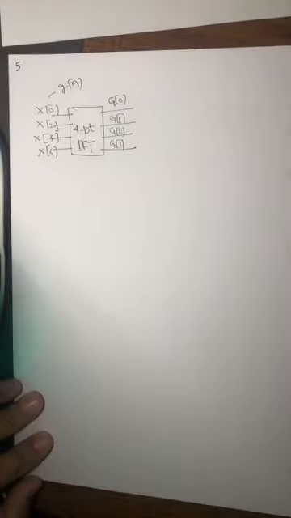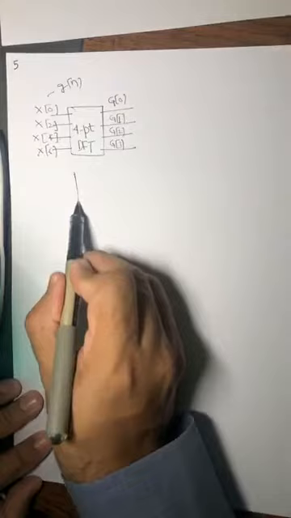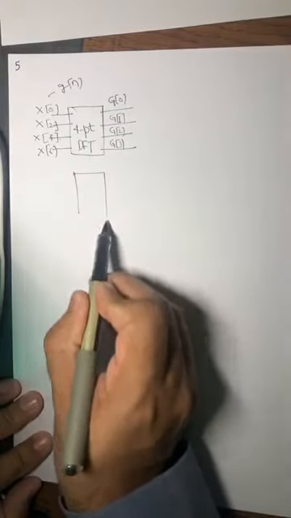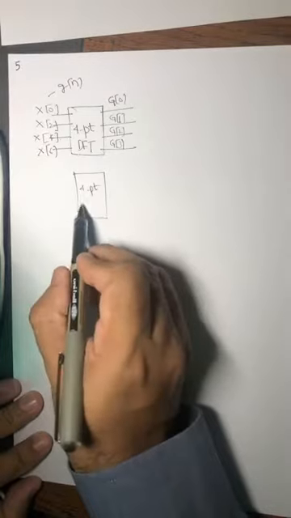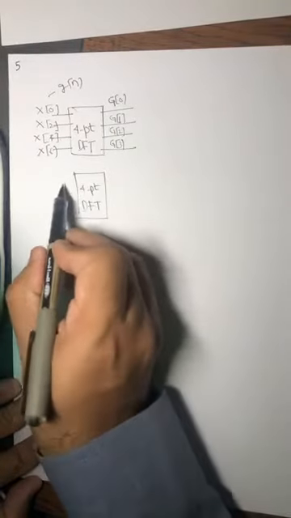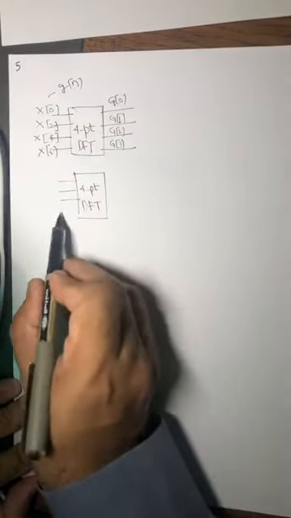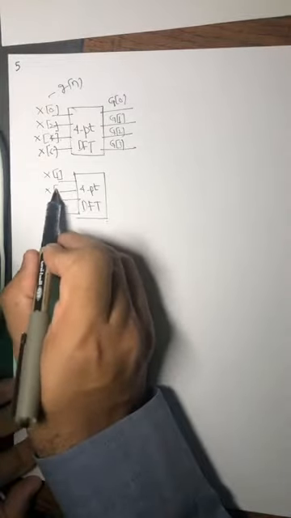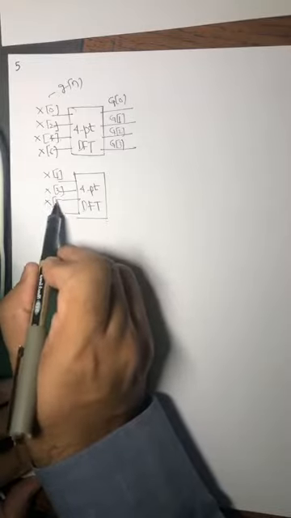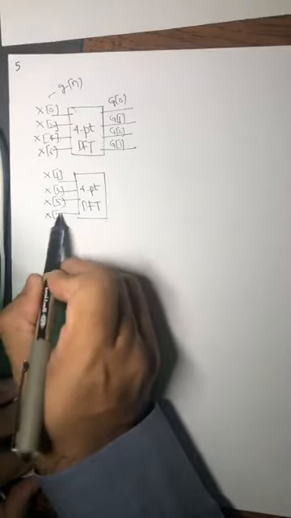4 points. And similarly, you have 4 points here, which is x1, x3, x5, x7.